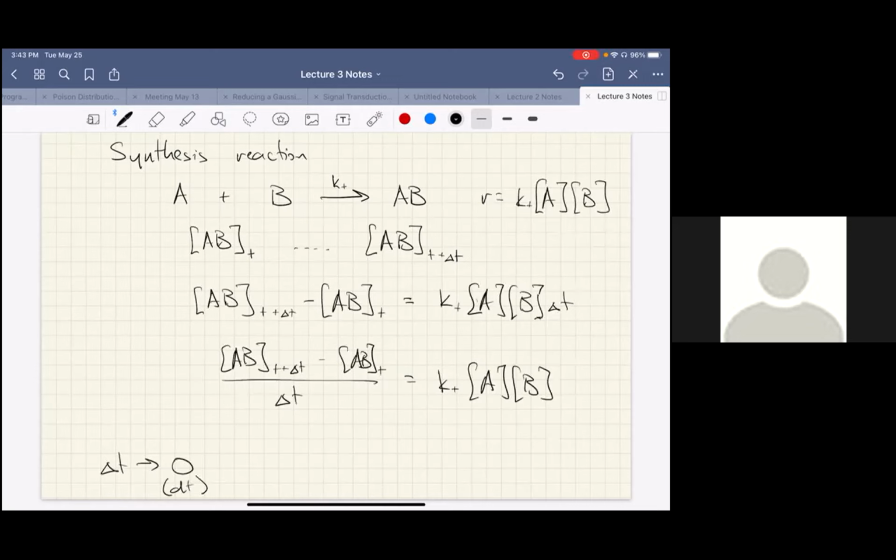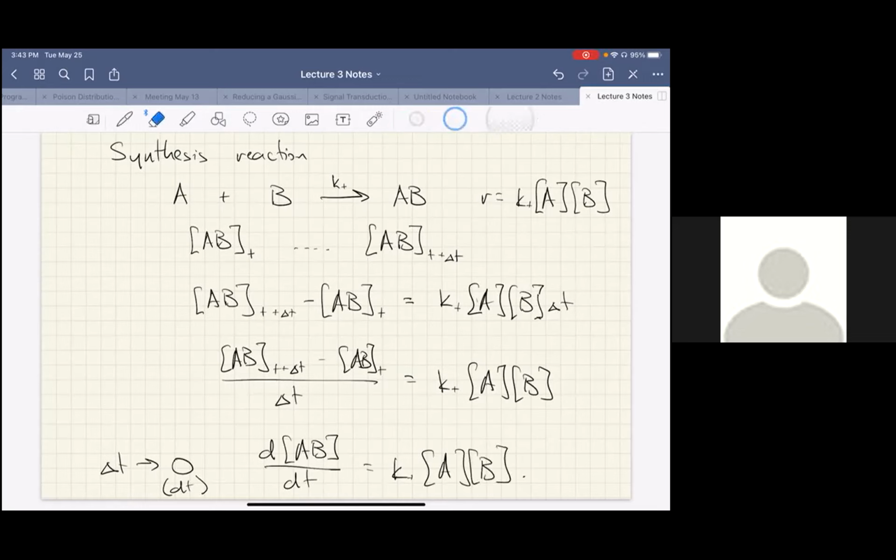In the numerator, this is the change in AB. So we would normally write this as d AB divided by dt is equal to K plus A B. And you can do this for any chemical reaction you like.